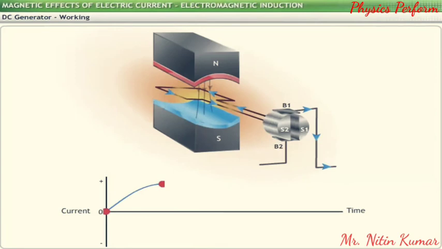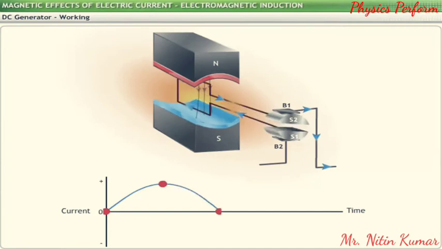In a DC generator, when the coil rotates through 90 degrees, the change in magnetic flux induces an electromotive force of maximum strength. This current flows through the split rings to the brushes. When the coil is rotated further to 180 degrees, the electromotive force becomes zero.